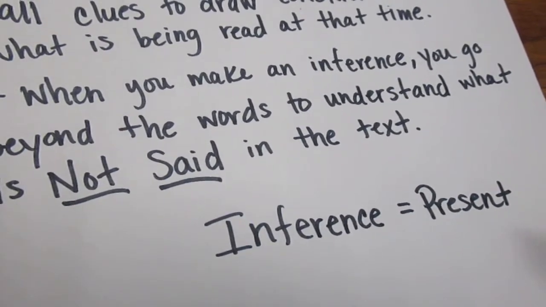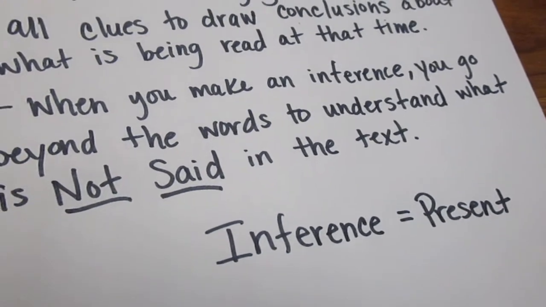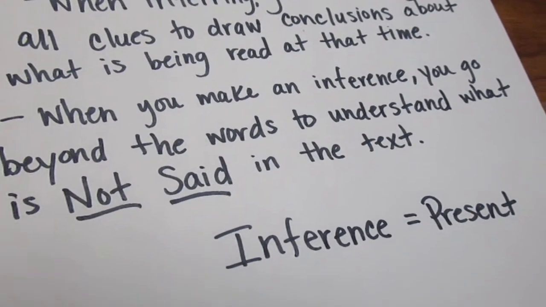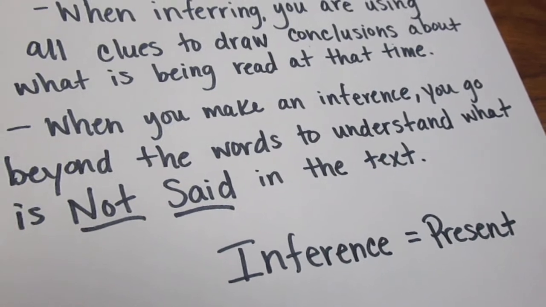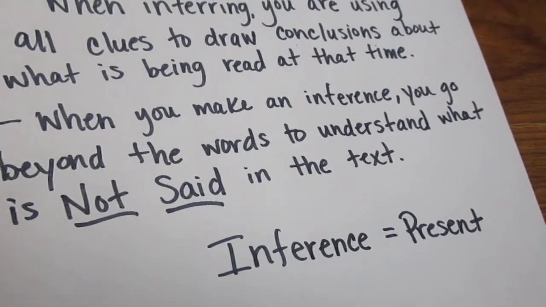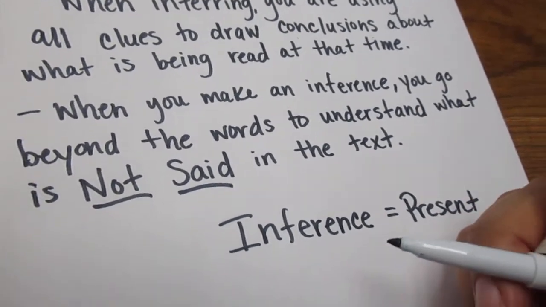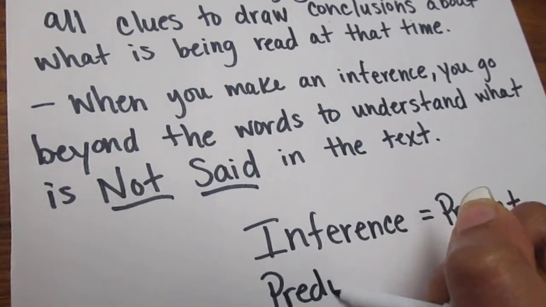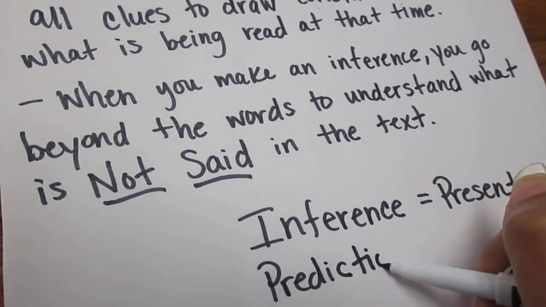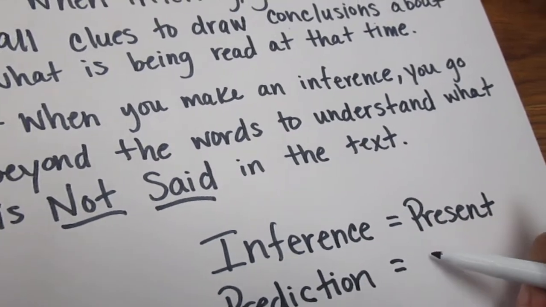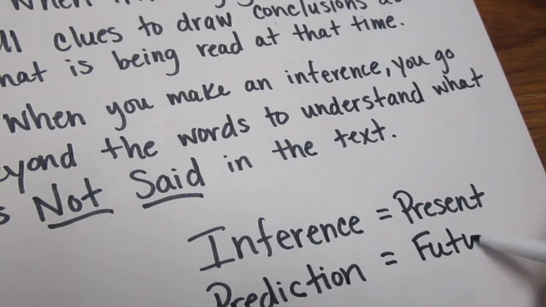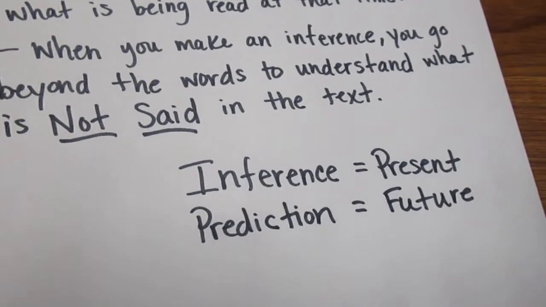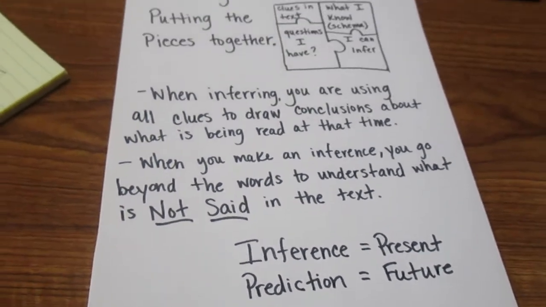So again, you're taking all the clues that are given and you're making a very educated guess about what's happening. Even though they may not say what is actually happening, you can get a good idea. And a prediction equals the future. Okay, so that's the difference between those two.